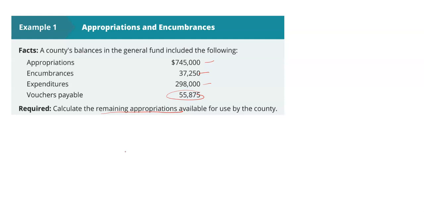So you have to calculate that remaining appropriation, and you can remember that BAE, budget activity encumbrances. So this $745,000 was the initial appropriation amount, and then they spent $298,000.